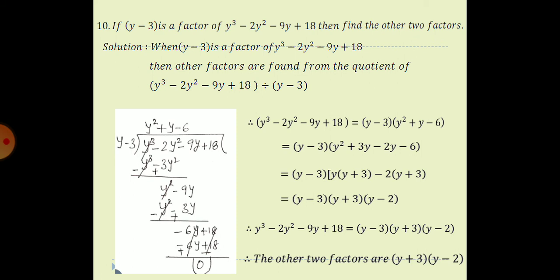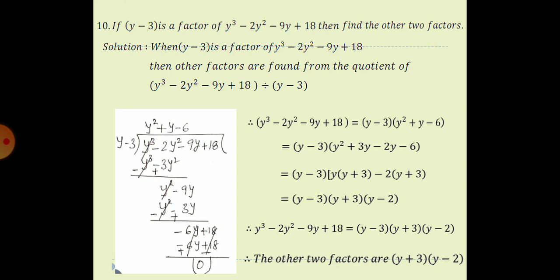Same division procedure. First, y cube divided by y will give you y square. Then multiply y square into y is y cube. Y square into minus 3 is minus 3y square. Y cube minus y cube cancels. Minus 3y square becomes plus 3y square, and plus 3y square minus 2y square will give you plus y square.